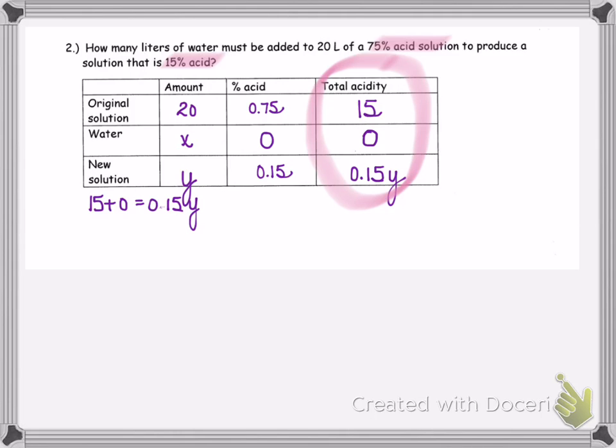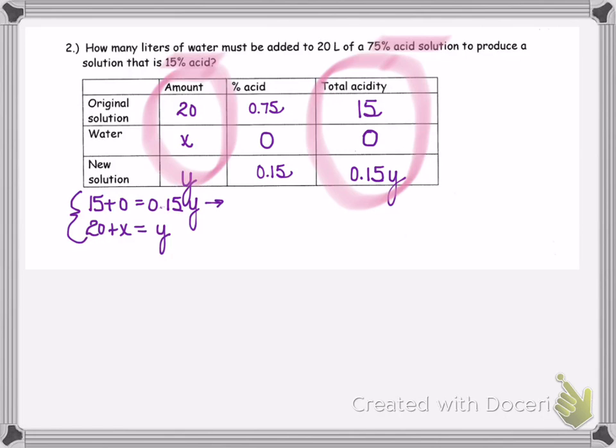And then my second equation is going to come from the amount column: 20 plus x equals y. Now if you notice, the top equation does not have two variables, it just has one. So we can quickly solve that for y, get half of our solution, and use it to plug in.